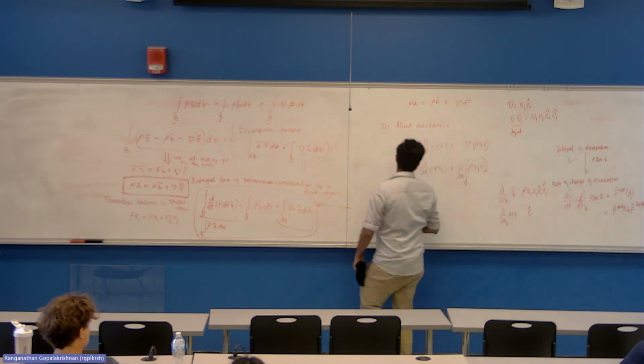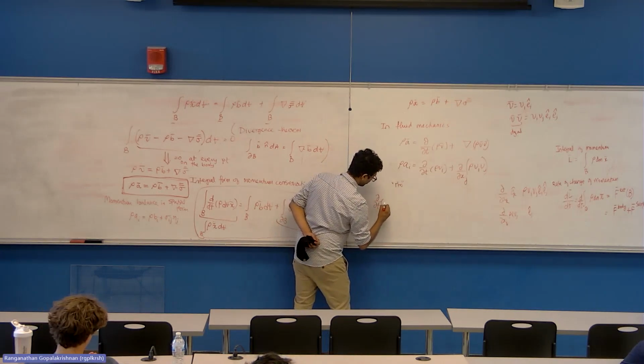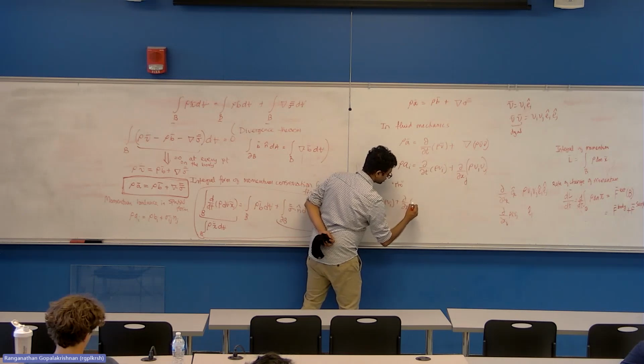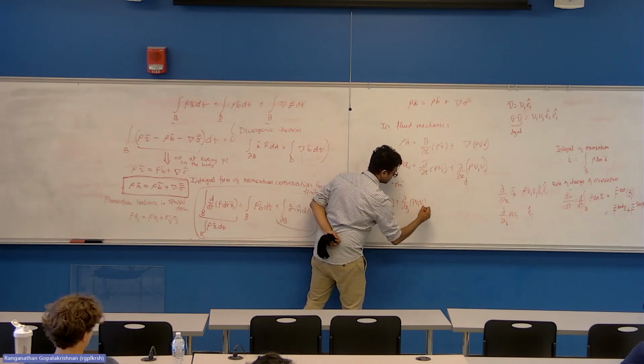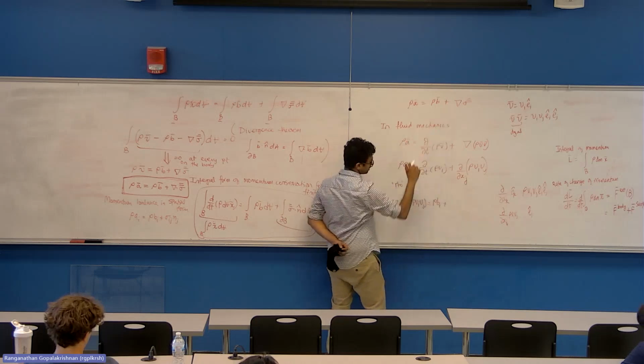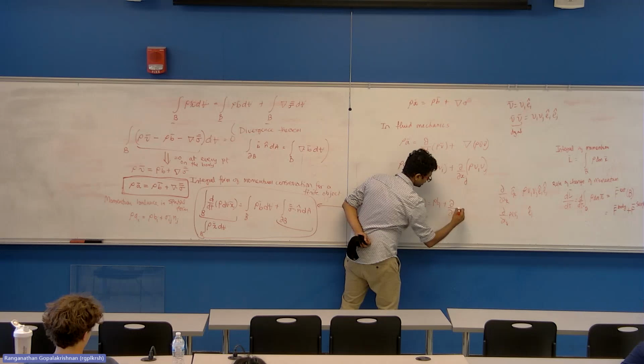So in this notation, partial derivative of rho vi plus the derivative with respect to xj of rho vi vj is equal to rho bi plus divergence of sigma. This has to be partial over partial xj of sigma ij.